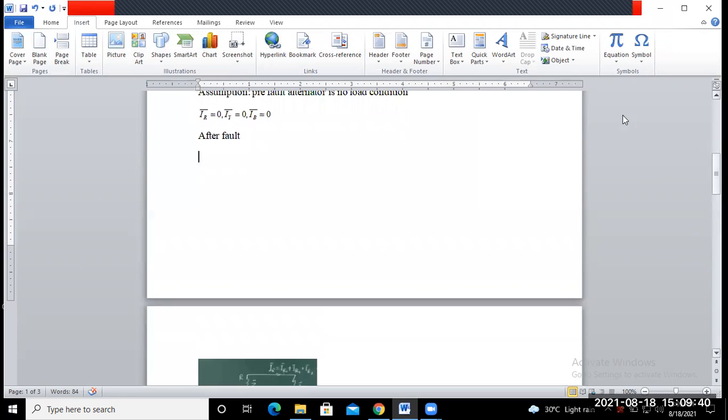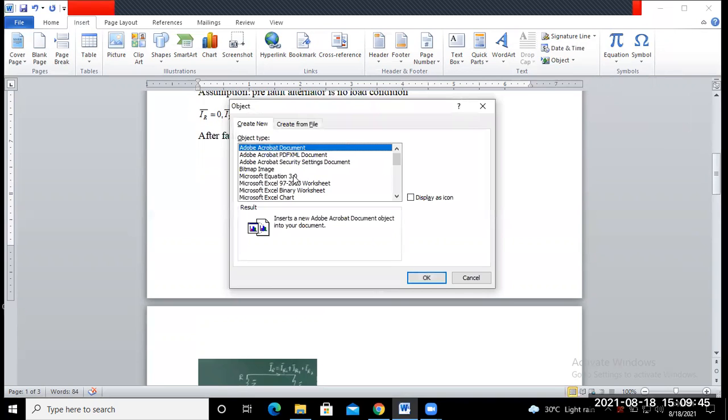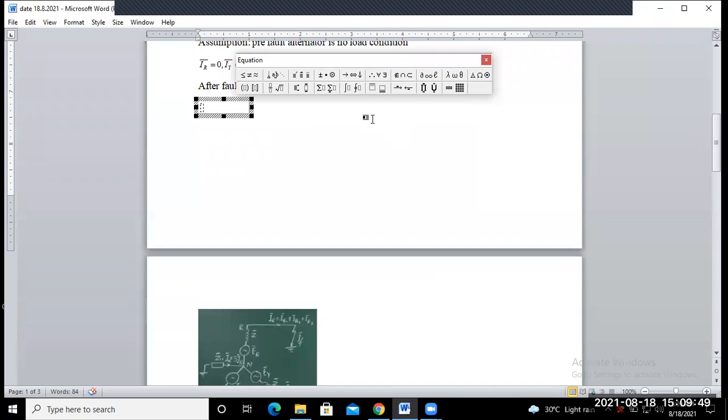VR equals 0 because the fault takes place in phase R. And what is the current of phase Y and B?